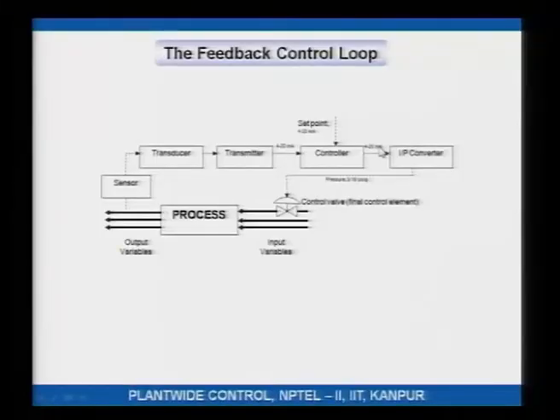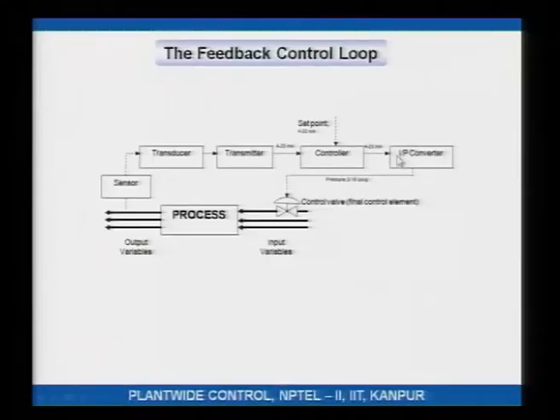Now, the output from the controller is a 4 to 20 milliamp signal. What you need to do is convert that to an equivalent pressure signal, which is the pressure being exerted by the instrument air against the valve. This is done by an I to P converter, a current to pressure converter, and again the output of I to P converters is standardized. It is between 3 to 15 psi gauge.